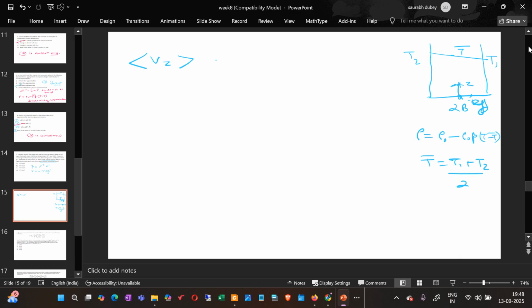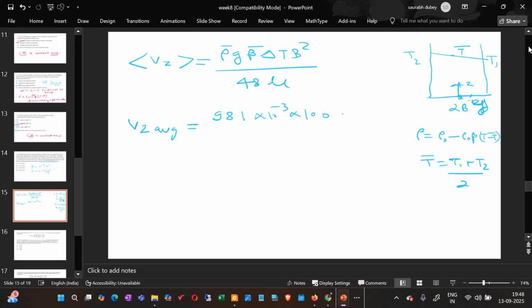So when you see that, the average velocity that you are getting is rho bar g beta bar delta t b square divided by 48, right? And when you put the given values here, so 981 into 10 to the minus, into this 10 to the minus is beta, into 100 is the 130 minus 100, into this 0.2. So why 0.2?